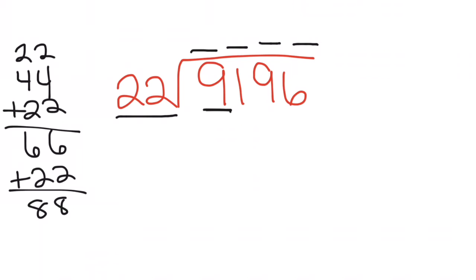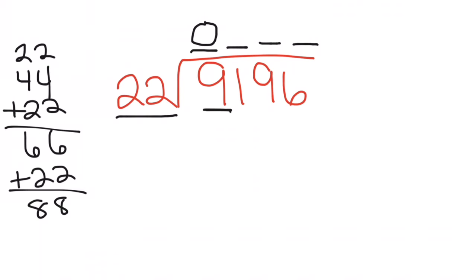Now, what I'm actually asking myself is, if I have 9,000, can I split that up into 22 groups? Well, I can, but I can't split it up by giving 1,000 to each group because I only have 9 thousands and I'm splitting those up into 22 groups. So I'm going to say I have a 0 in the thousands place.